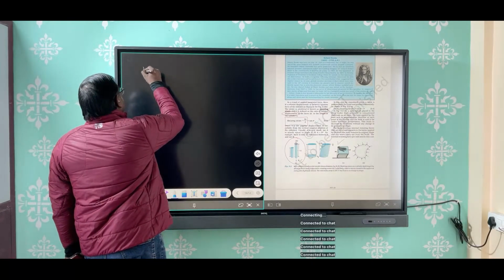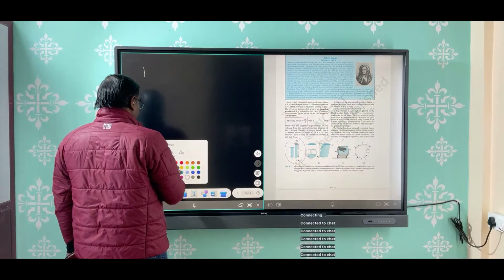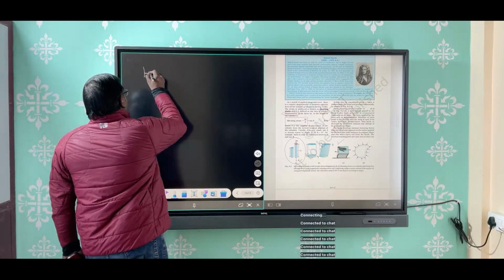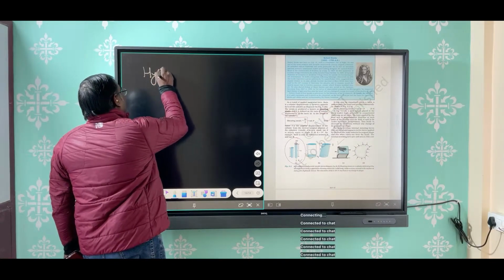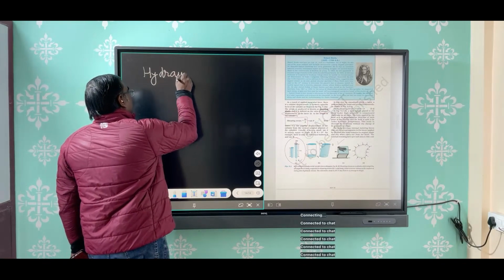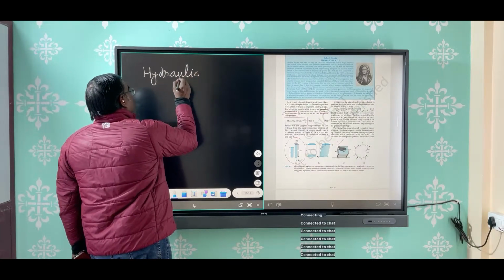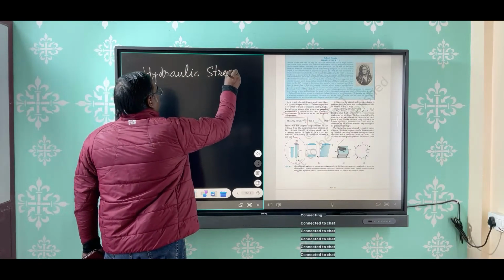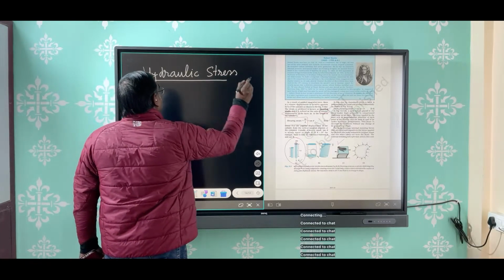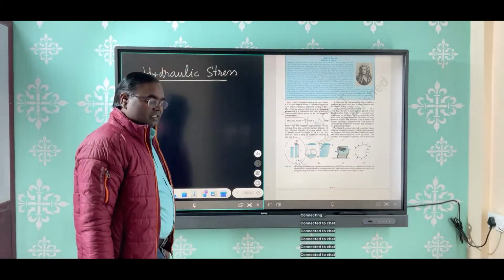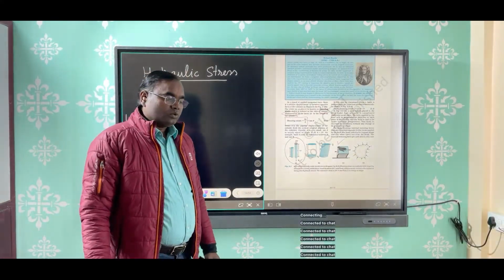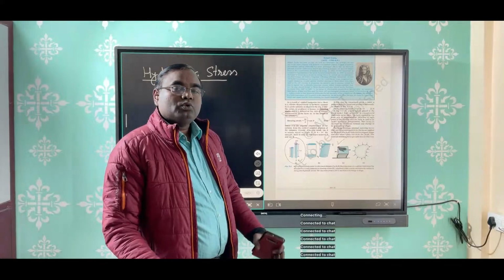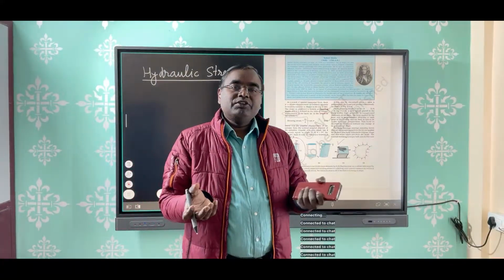Hydraulic stress is equal to the pressure due to the liquid in which the body is.